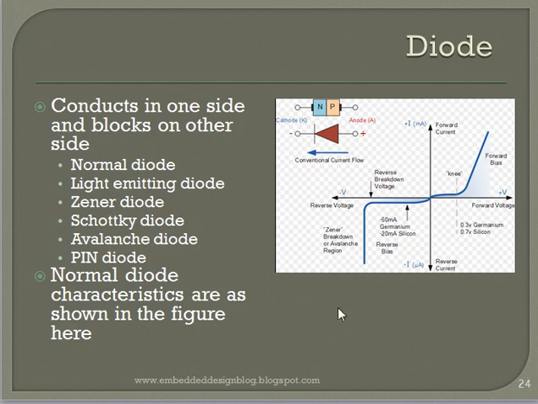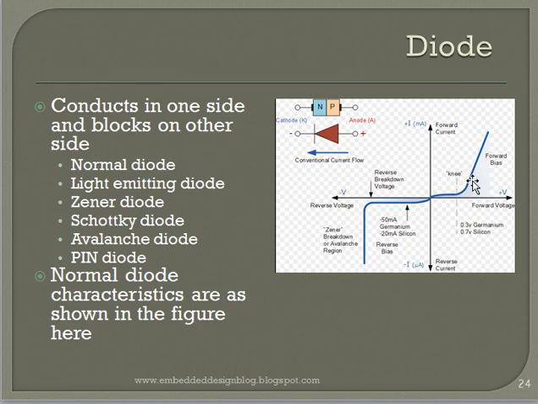If you see here, this is called the characteristic curve of the diode. What does the characteristic curve represent? It represents the amount of current that is passing through a diode when a voltage X is applied. When you apply a voltage beyond a certain limit, the diode breaks down and starts conducting. This condition is called the forward bias condition.